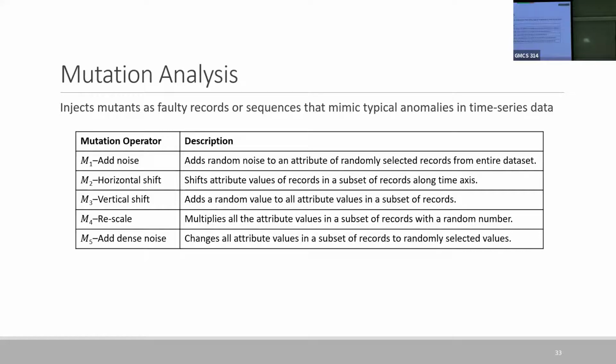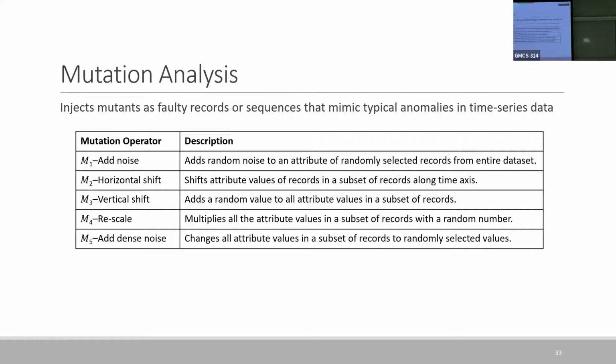If you are familiar with mutation analysis in software testing, there you inject some faults into the code of your software and try to see whether or not the test cases can detect those injected faults. In this case, we are injecting faults into the data. For example, the first operator adds some random noise to the data to see if the approach can detect it.